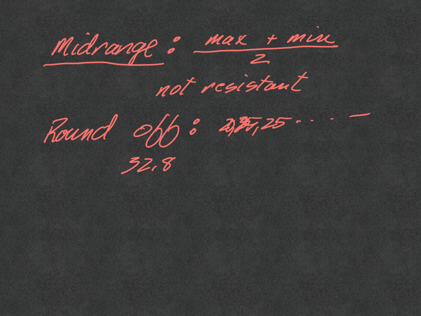Instead of rounding this to 33, which is what typically students would do, you want to round it to one more decimal place than the data. So here's what I mean.